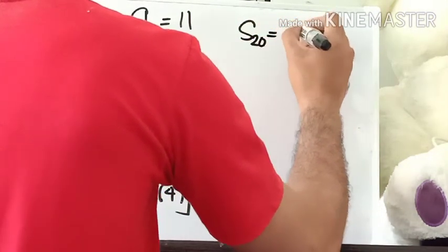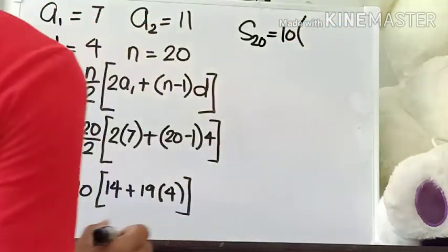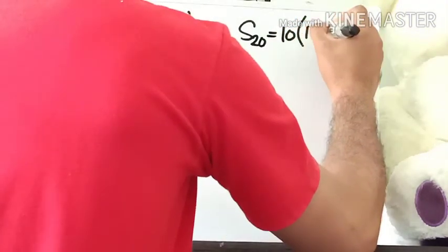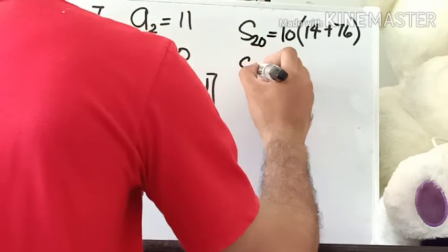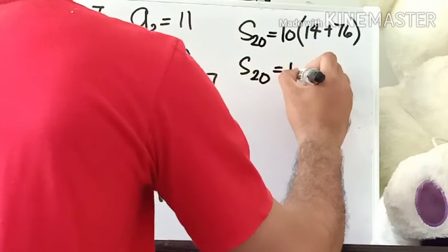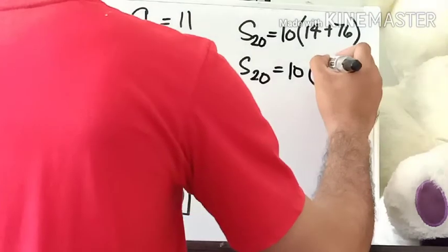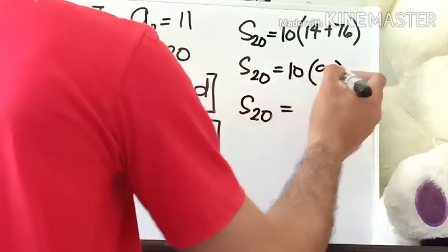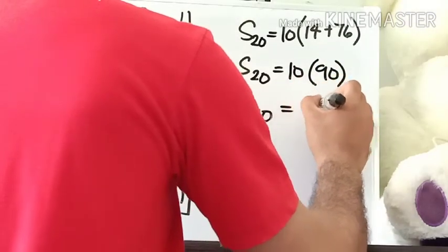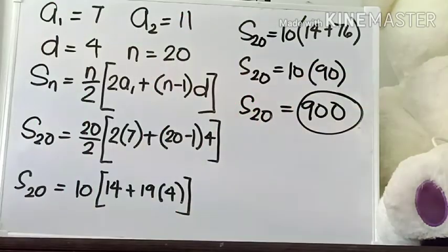The sum of the first 20 terms is equal to 10 times 14 plus 19 times 4, which is 76. So the sum is 10 times the sum of 14 and 76, which is 90. So the sum of the first 20 terms will be 10 times 90, which is obviously 900. Therefore, the sum of the arithmetic series with 20 terms whose first and second terms are 7 and 11 respectively will be 900.